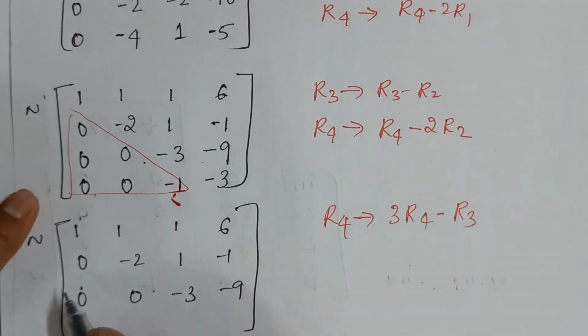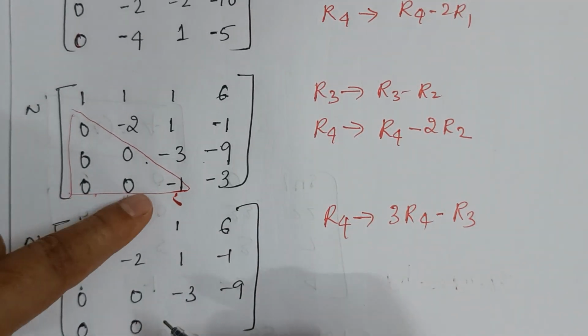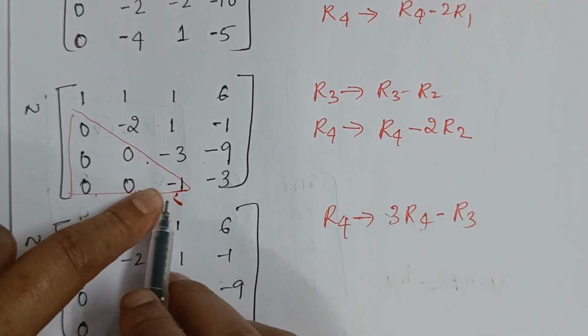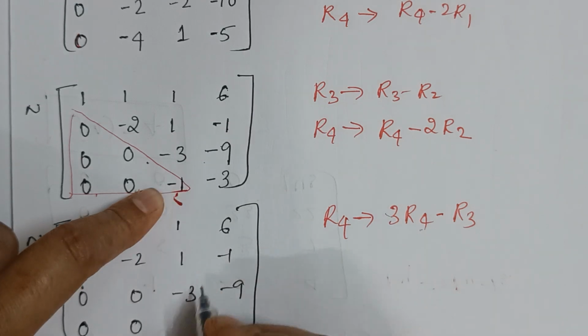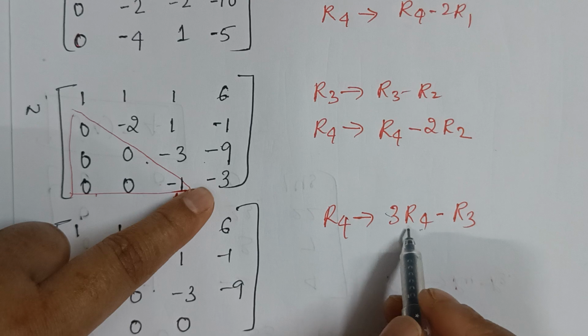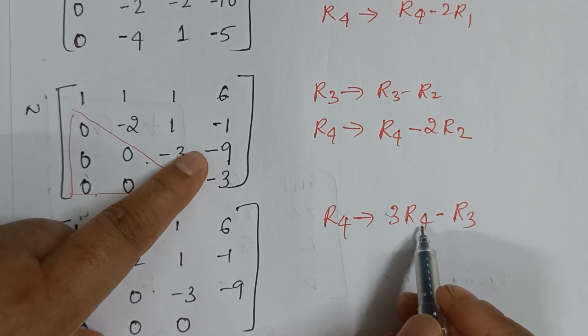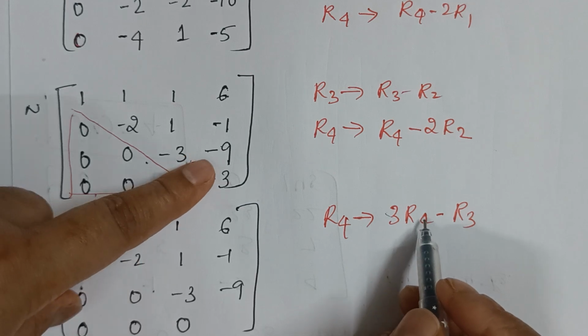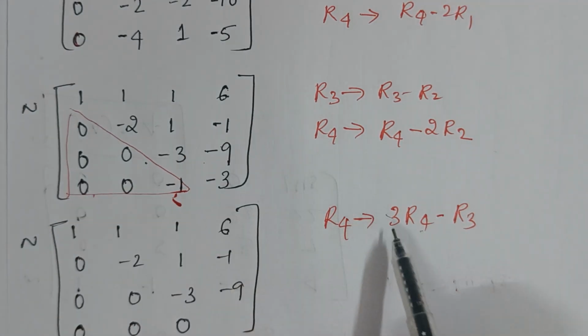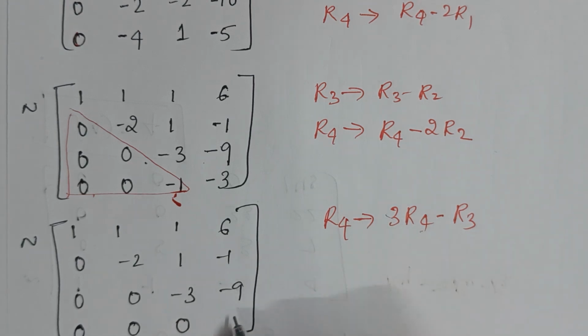If I perform this, just see, 0 0 0 0 will remain 0. This will be minus 3: 3 into minus 1 is minus 3, plus 3, so it will give me 0. Minus 9 will give me plus 9, so minus 9 plus 9 will also give me 0.